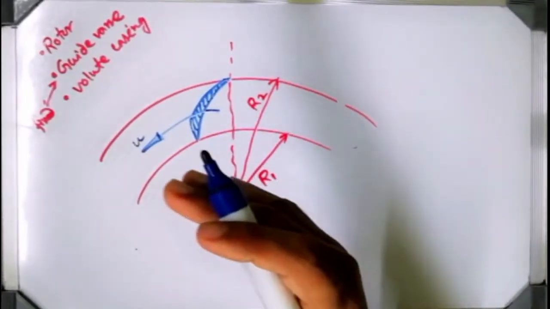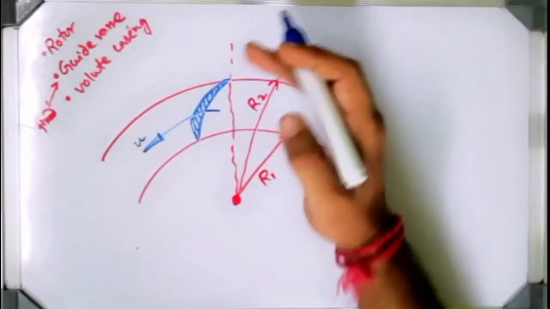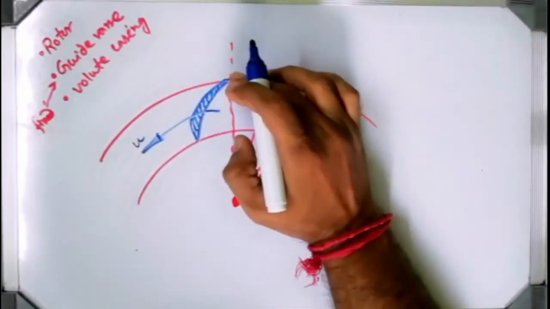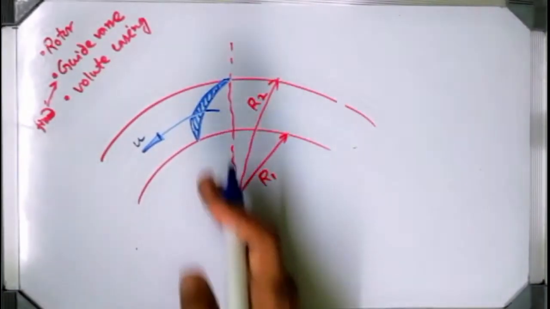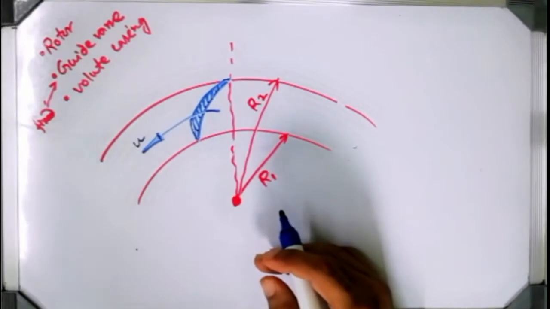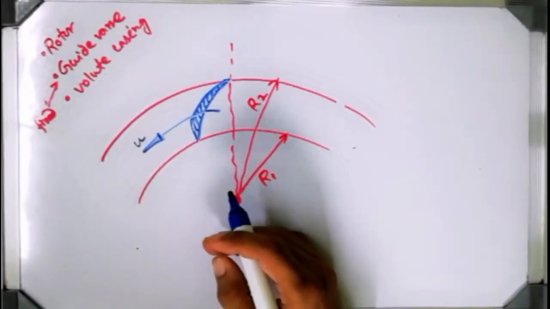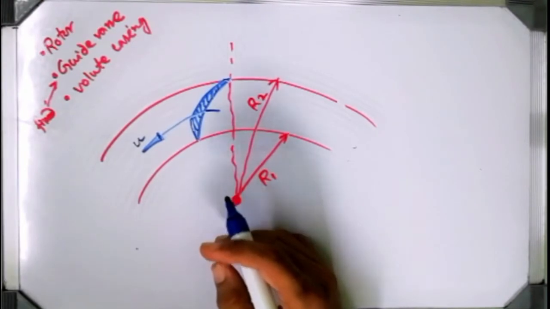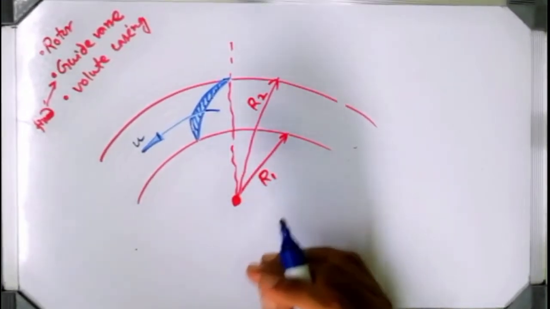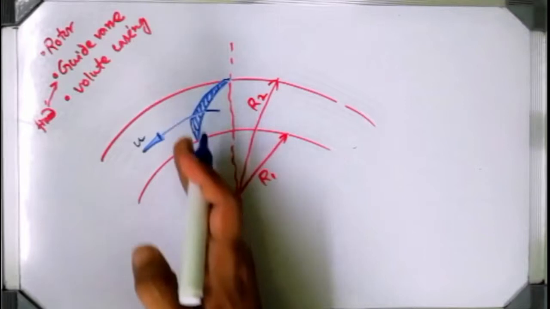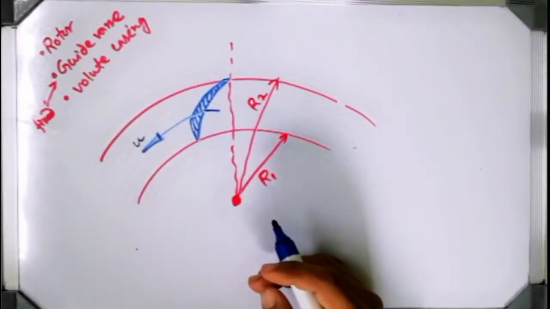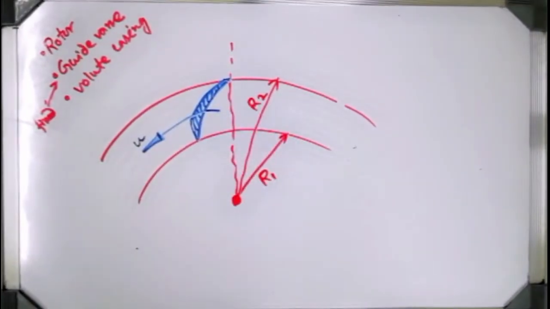Now by design, the blade is designed in such a way that the water enters radially in the impeller. Just to achieve the best efficiency of the pump, it has been observed that the liquid should enter radially. Radially means in which direction?